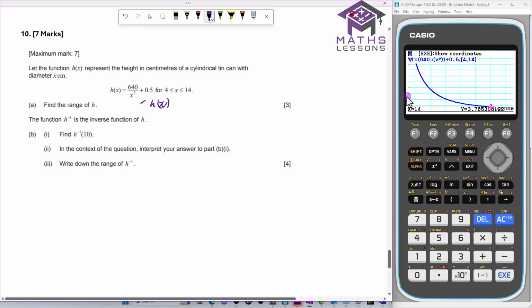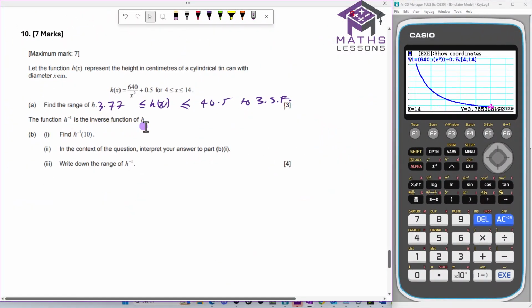So h(x) has got to be greater than or equal to 3.77 to 3 significant figures, and less than or equal to 40.5 to 3 significant figures, from our graph. And in high-level A&I maths, that's all you need to do for your working.